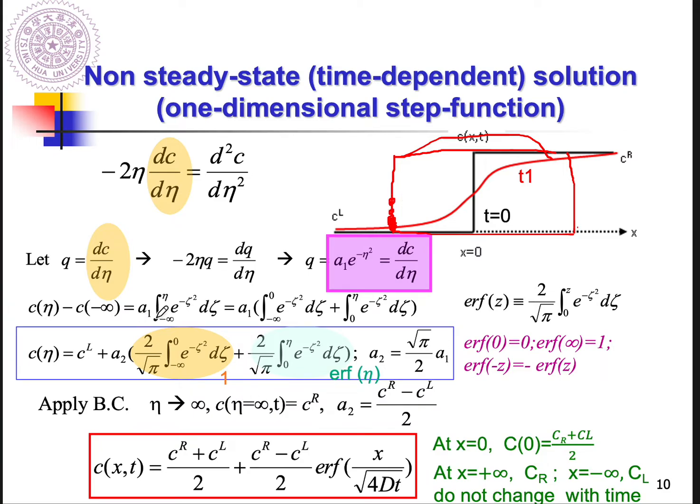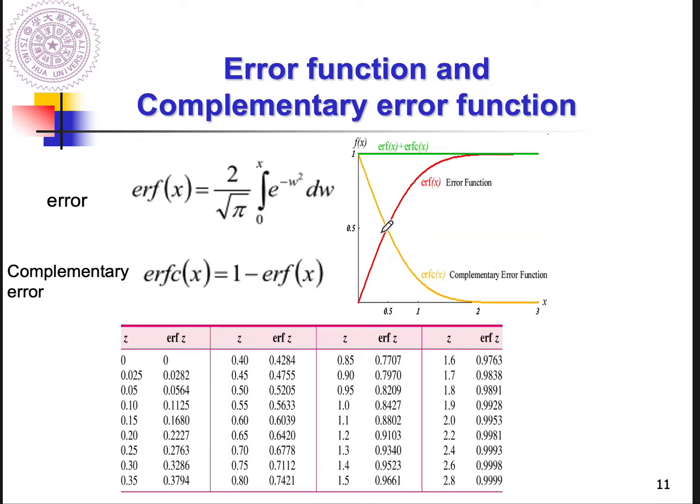It's not as you used during the derivation. Okay, and this slide just shows you the value for the error function is located in between 0 and 1, and you can use this table to check the value for the error function.